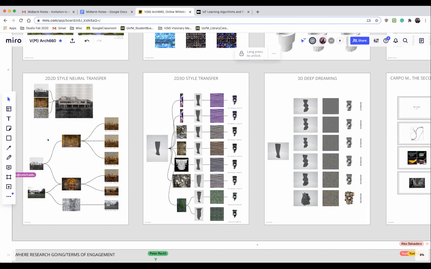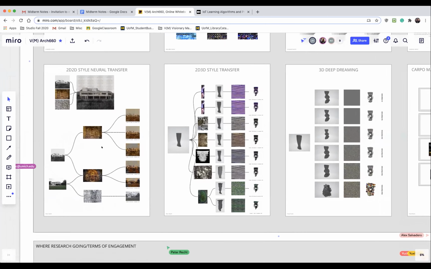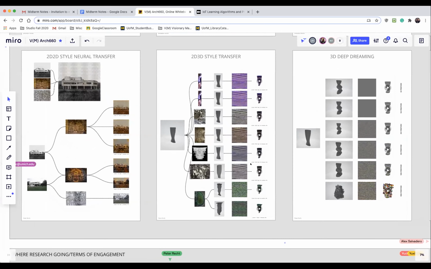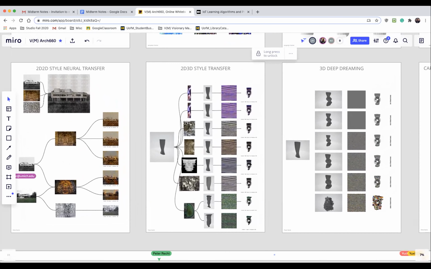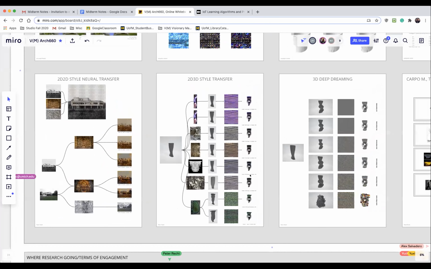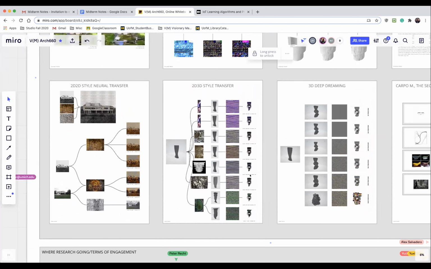So in the 2D style transfer, I was playing around with an even distribution of weights, emphasizing content over style, and seeing what happens as it iterated through that process over and over again. With the 2D to 3D style transfer, it was similarly a question of weight. The proportions in the top six were very heavy in terms of the object and not the texture.